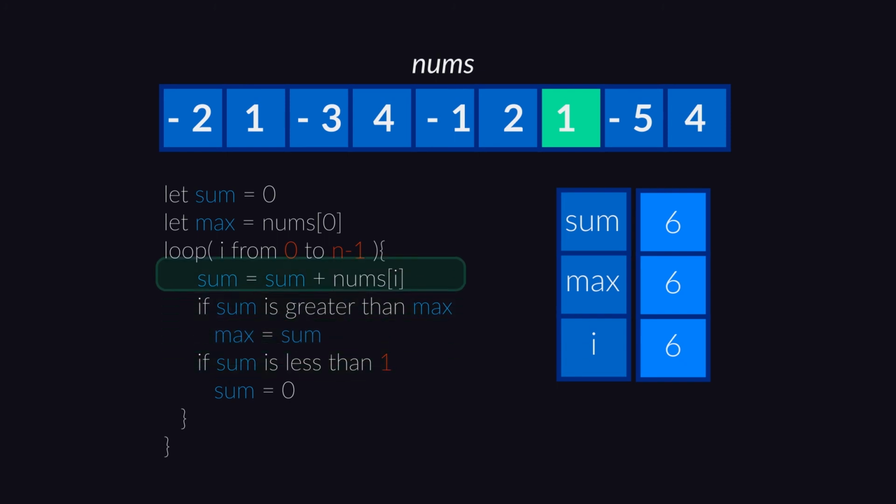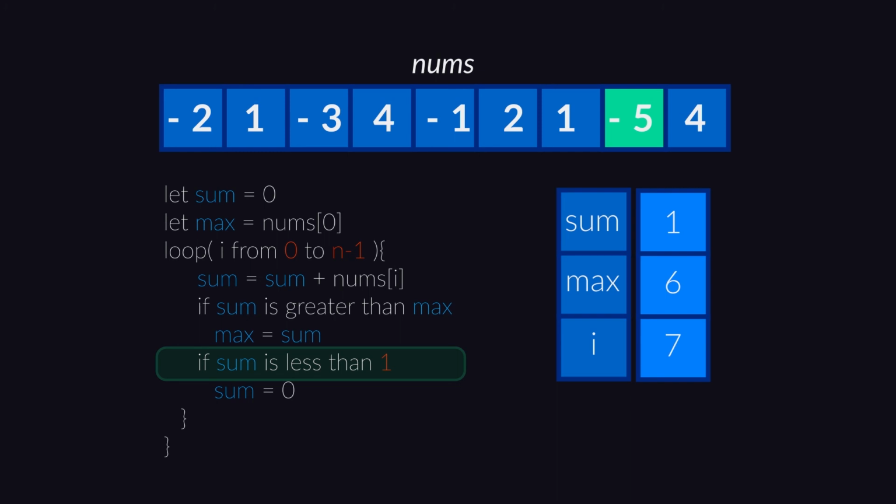We move to another iteration where i equals 7. Now sum equals 6 plus -5, which is 1. Max doesn't change because max is already 6 and sum is only 1. The other condition is still invalid because 1 is still not less than 1.